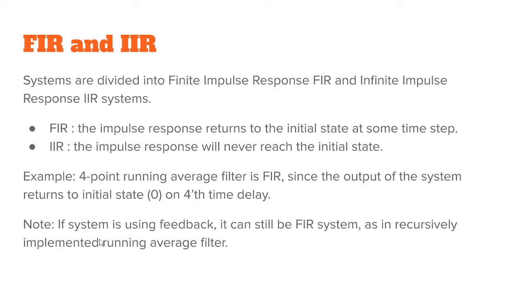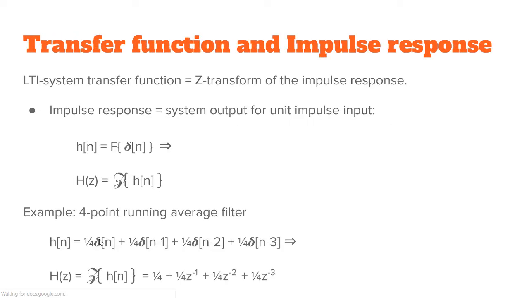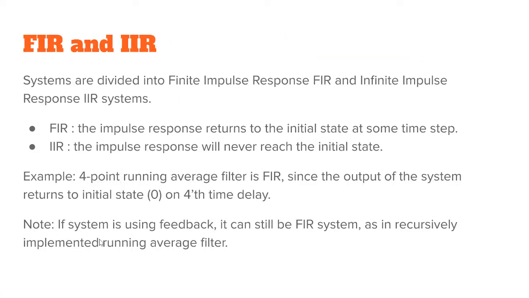On the second exercise, there was this feedback element. The feedback itself is required to have an IIR system, but it still can be FIR if you find one feedback. I think I have the explanation part. No, it's not here. It was basically on the last time slides somewhere.